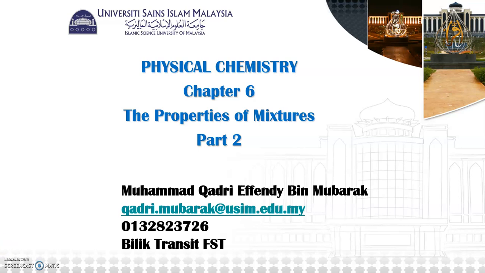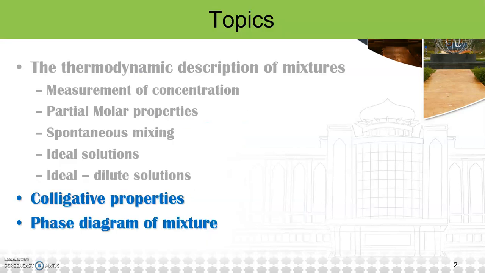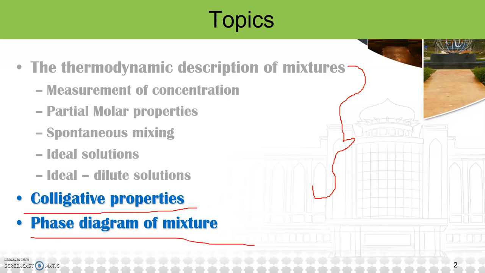So for today, we will learn about the properties of mixtures, part 2, where we already covered the topic in part 1. For part 2, we will see the colligative properties and also the phase diagram of mixtures.